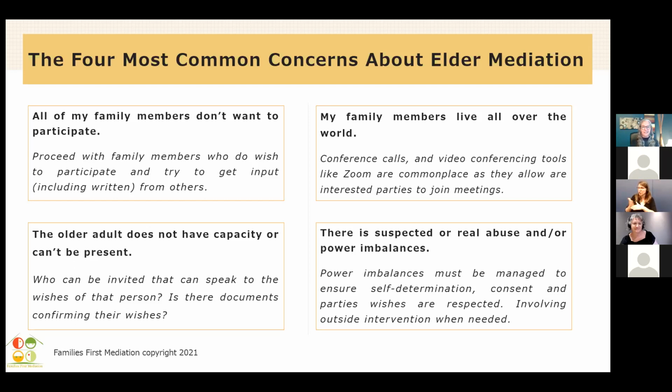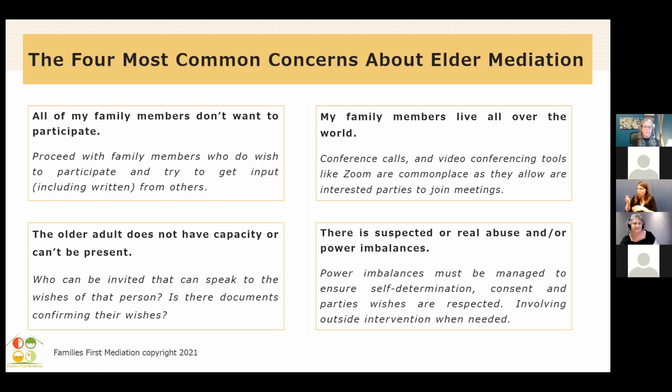And if not, let's sit and talk about that person. What were they like when they were making decisions? How strongly did they feel about certain things? Do they have some capacity? Can we have a very small 15-minute meeting with this person at the right time of day to get some information, or even just to meet them and say hi, so that I, as the mediator, have some concept of who these people are, right?